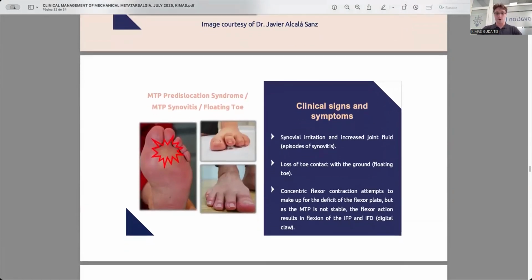The main symptoms of the cross-over dislocation syndrome, the MTP synovitis, and floating toe include pain in the anterior area of the metatarsal head, irritation and increased joint fluid, and visually the toe no longer touches the ground. These are key signals that indicate a possible alteration of the MTP joint and of the plantar plate.